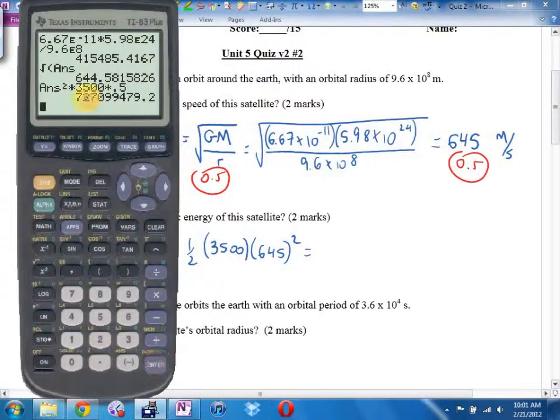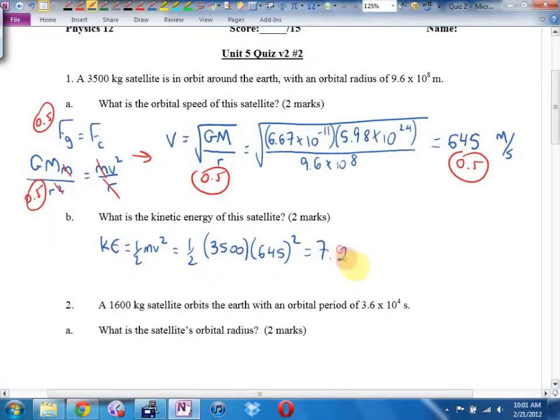And I get 7.27 times 10 to the 8 joules. Half mark. Half mark. 1 mark. Now if you got the wrong answer here, but Mitch, you went a half m wrong answer squared and did it right, give yourself 2 out of 2 for whatever you got here.